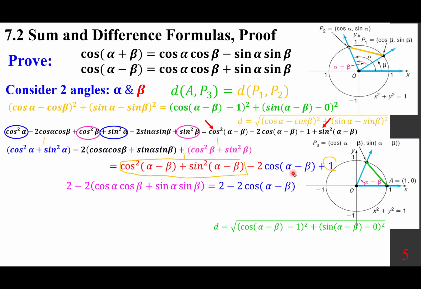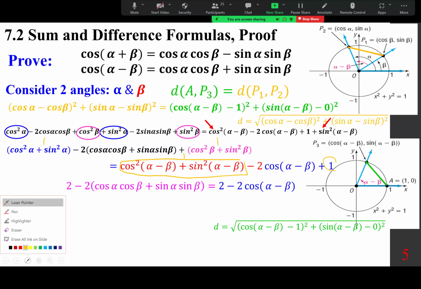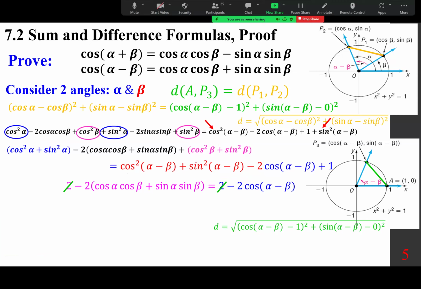What happens? Well, let me erase it. The 2's cancel out. We end up with negative 2 times this, negative 2 times that. We can cross out the negative 2 as well.